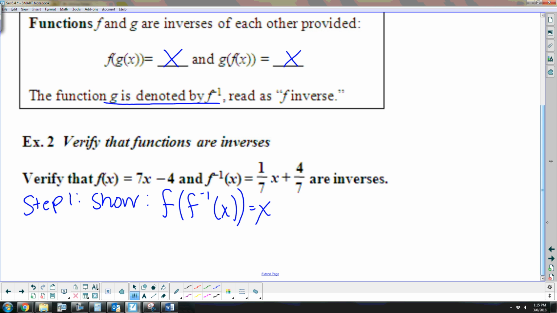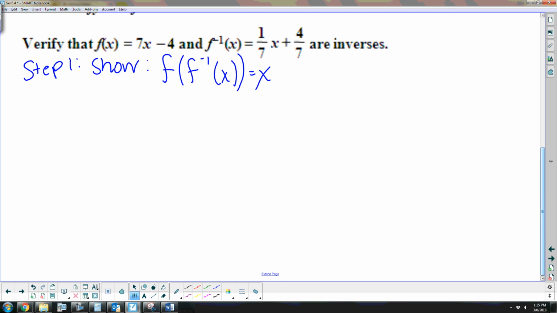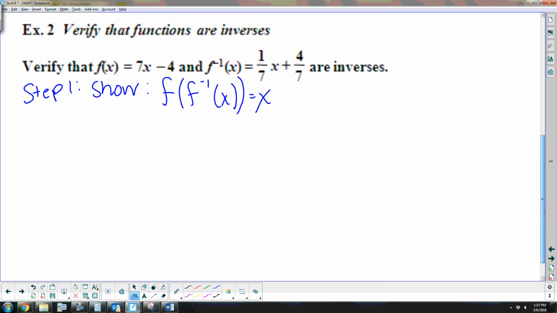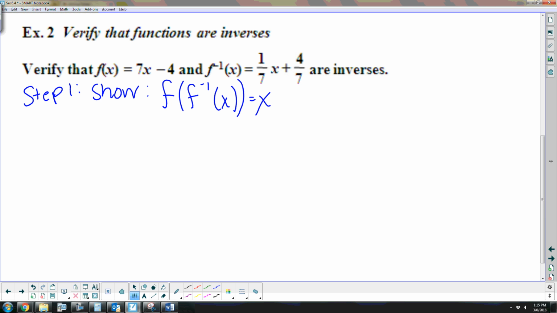So we need to do the composition of f and g, so f composed with g. So that's 7 times the inverse, which is 1/7 x plus 4/7, minus 4.